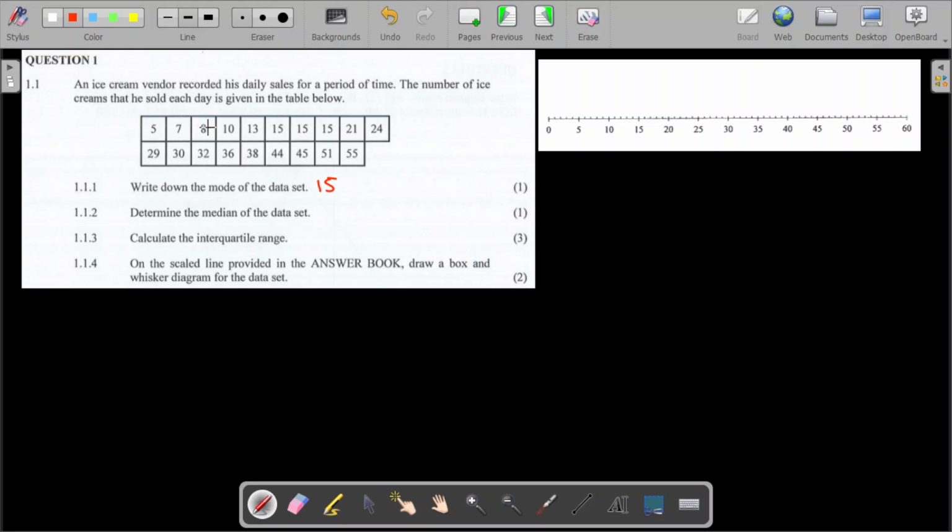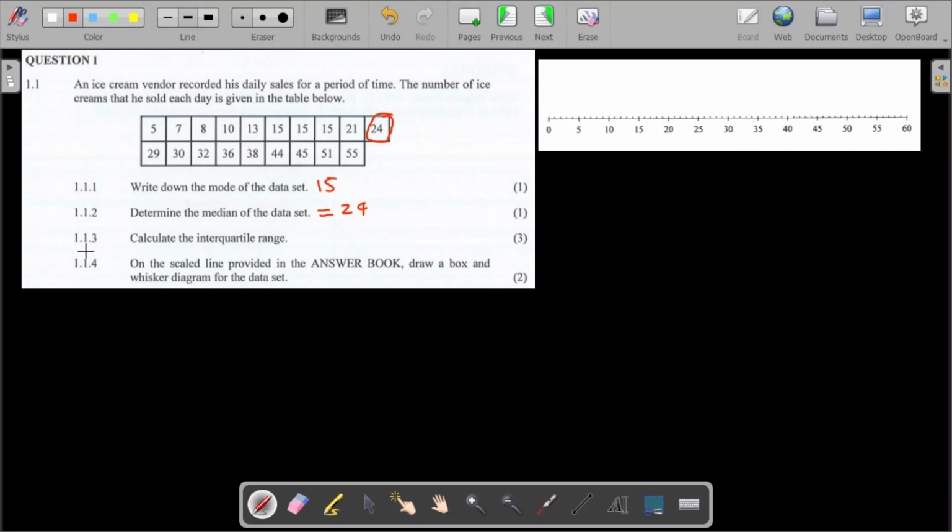So if you can see, this is 1, 2, 3, 4, 5, 6, 7, 8, 9. And here below it's 1, 2, 3, 4, 5, 6, 7, 8, 9. I hope you can see that the number between this 9 and 9 is 24, which is our median. So the median is going to be 24.